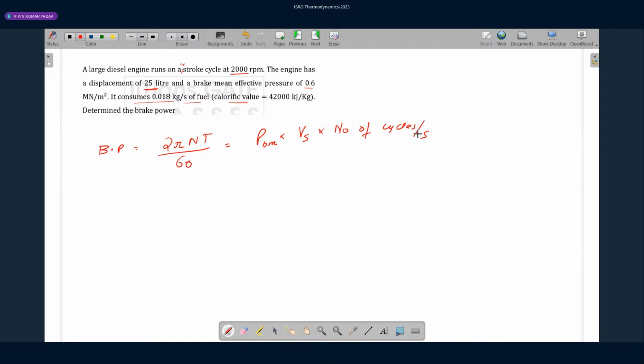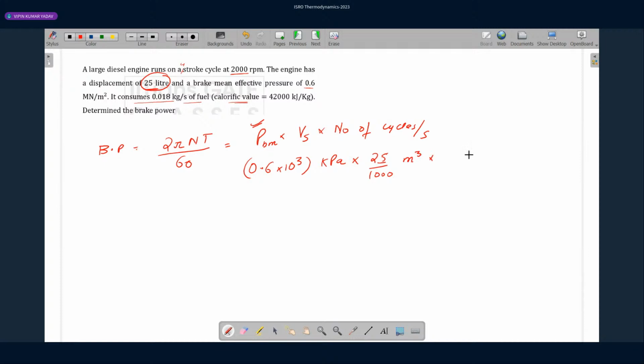Which formula can we use here? Of course, we'll use this formula because most of the values are given in this way. Brake mean effective pressure is 0.6 into 10 to the power 3 kilopascal. Swept volume is given in liters, so I have to write it in meter cube: 25 by 1000 meter cube.